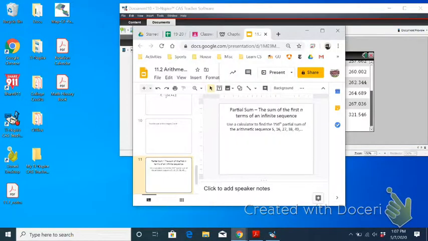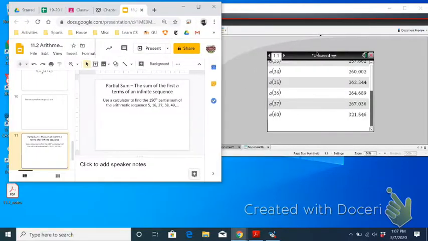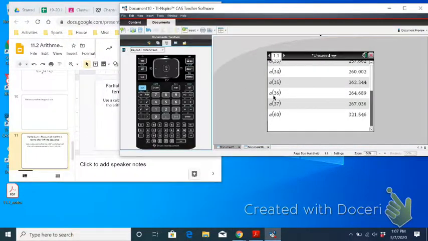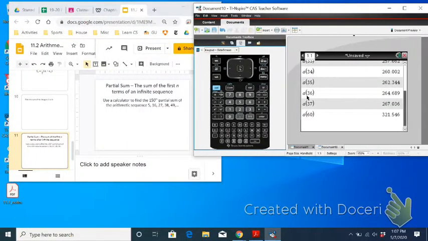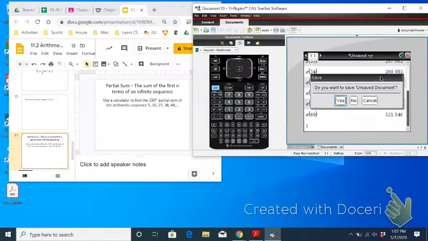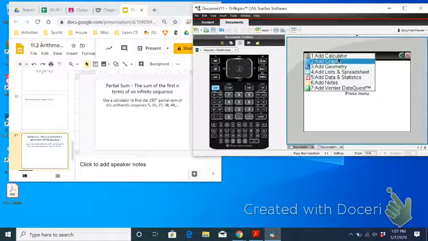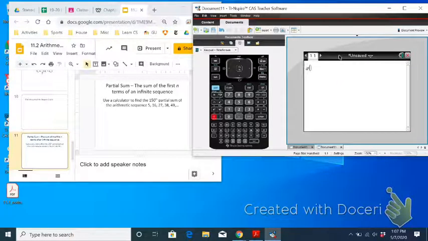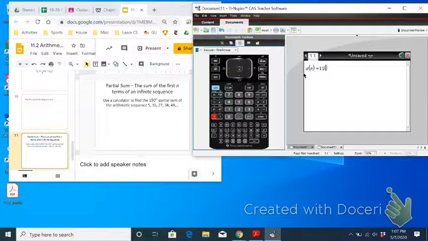I'll make a new calculator here. I'm going to do a sub n equals the common difference, which from 5 to 16 seems to be 11, times n minus 1, plus the first term.